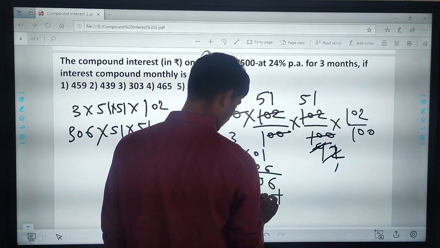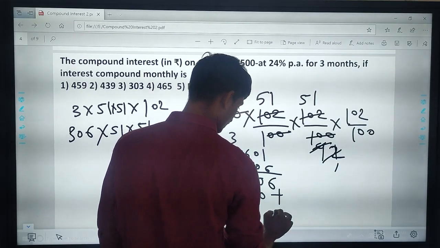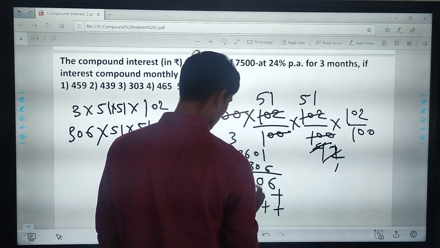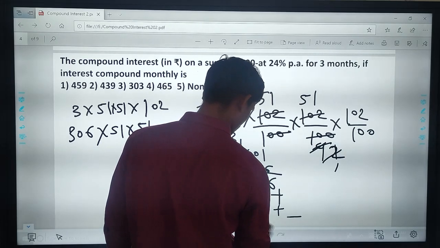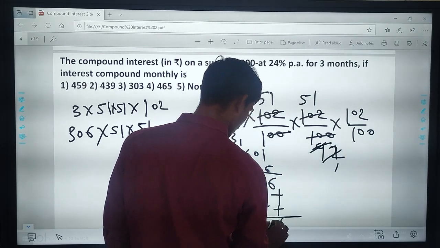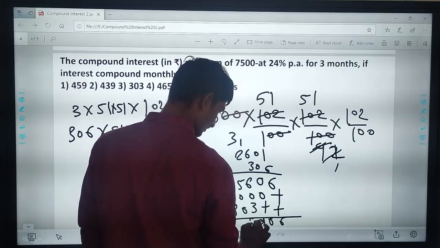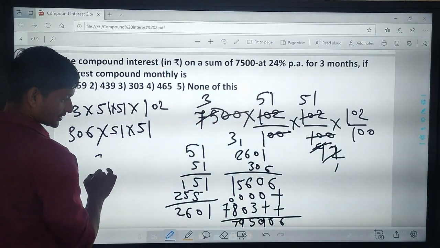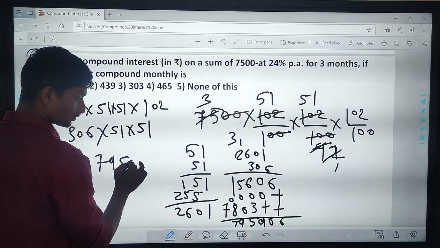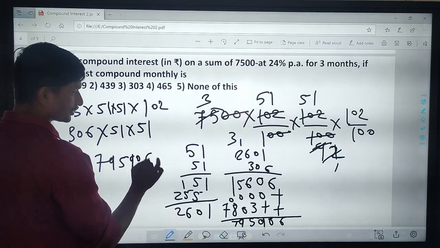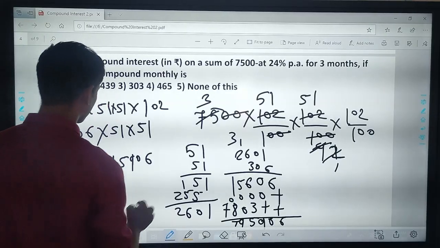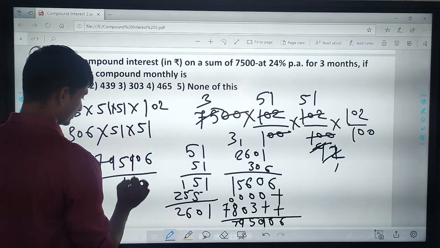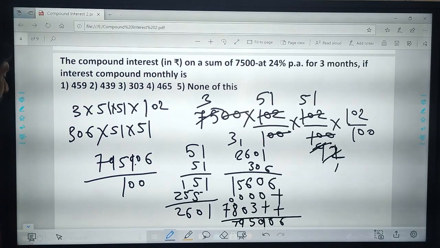Plus 609,597. Now 795,906 divided by 100.